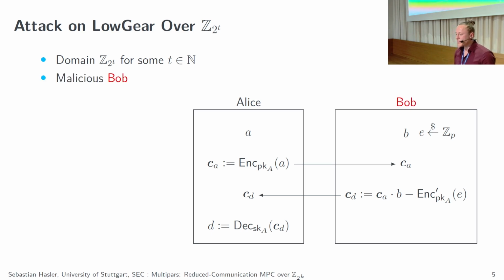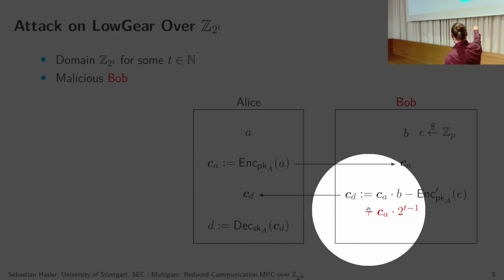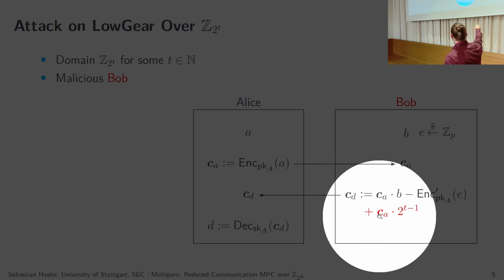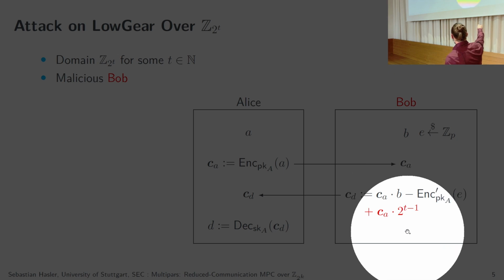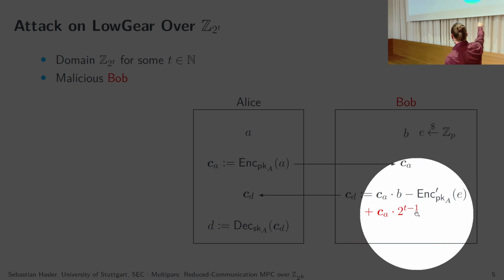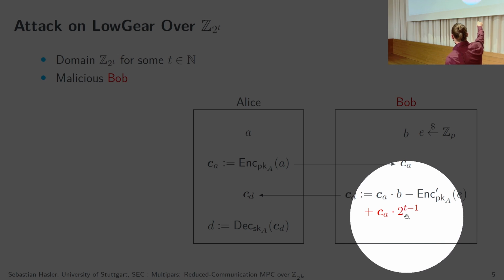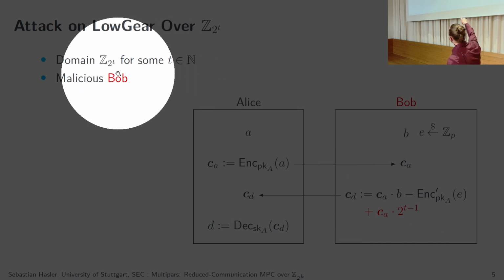Let's say Bob is malicious. In this case, Bob could, before sending back this ciphertext here, add an additional factor of C_A times 2^(t-1). Now notice this is a zero divisor, this 2^(t-1), because if we would multiply another factor of 2, it would be 2^t, which is 0 again.